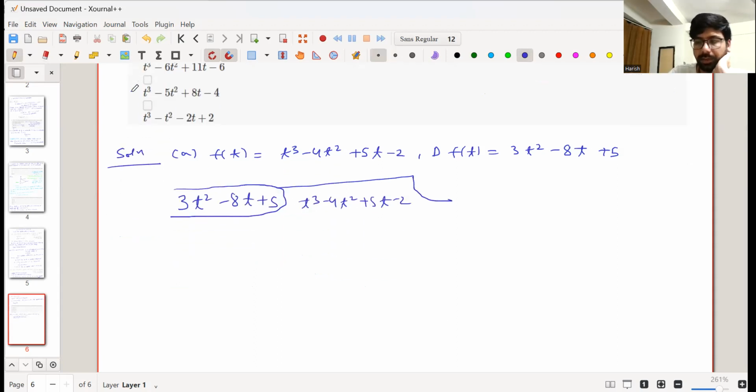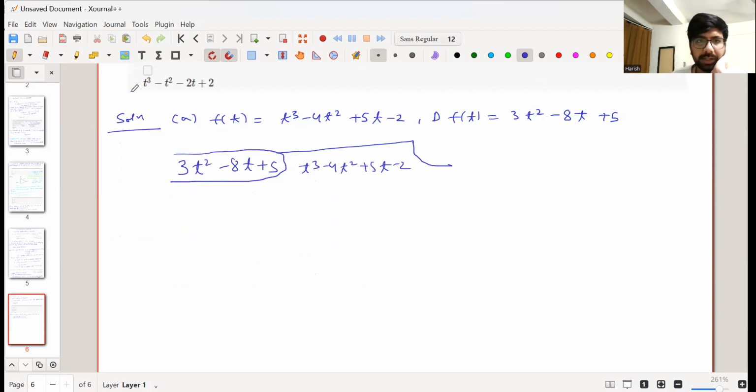Okay, so how did we used to do this division? Divide this leading coefficient by this 3t^2. So t^3 by 3t^2 is what? This is equal to 1/3 t, right? So this 1/3 t will come here, and this I will keep as rough so that you can see what is happening.